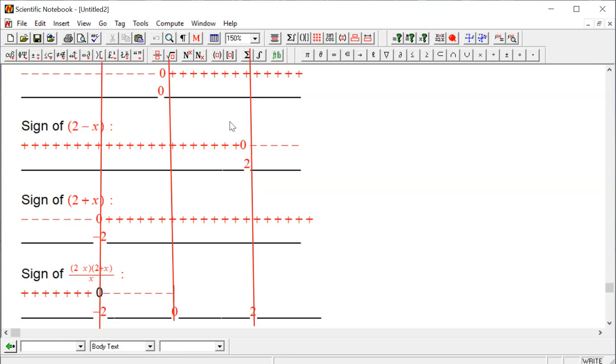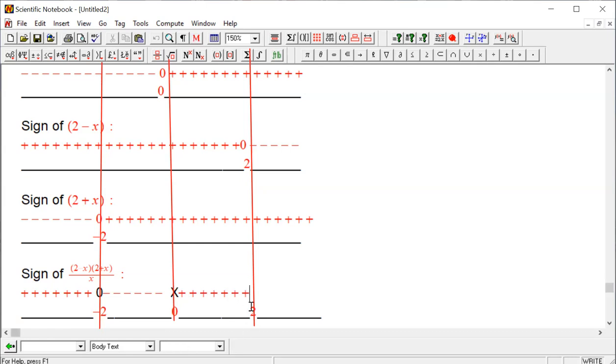At 0, undefined. We cannot divide by 0. Between 0 and 2, positive times positive divided by positive, right? So that's going to be what? Positive.